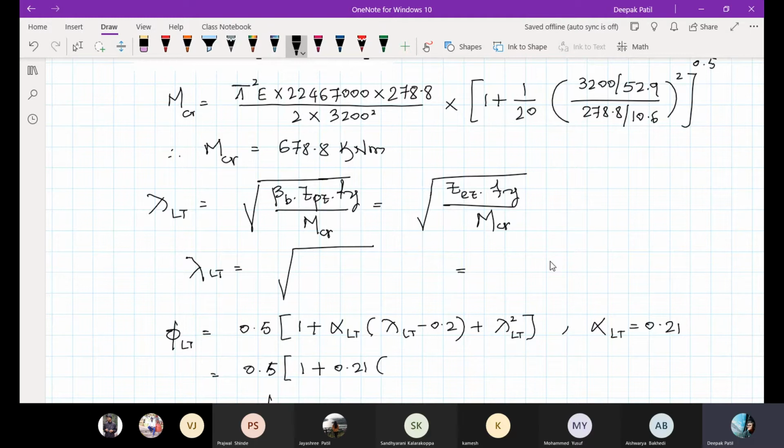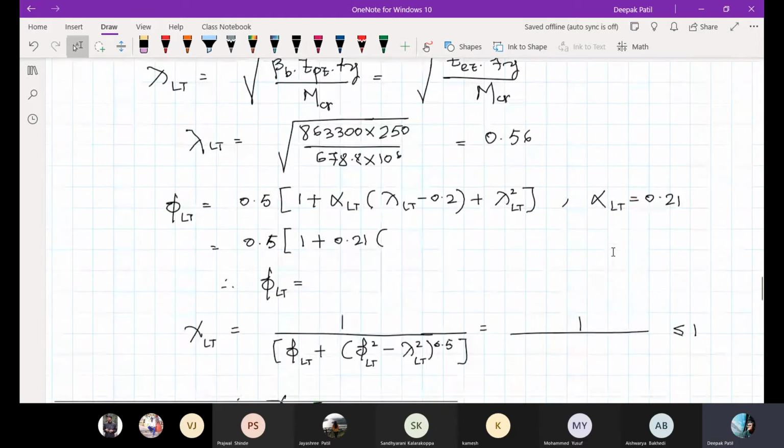So elastic section modulus along major axis is 863300, times Fy is 250, divided by MCR is 678.8. But you have to put it in the form of Newton millimeters, so I have to multiply it by 10 raised to 6. So this lambda LT comes out to be 0.56.